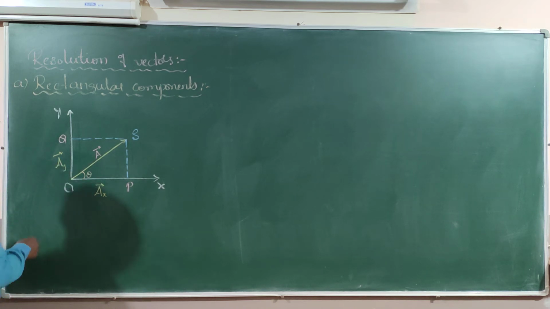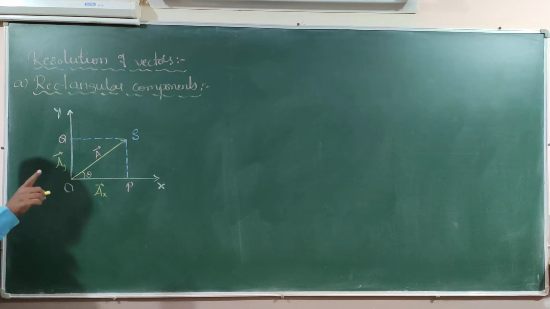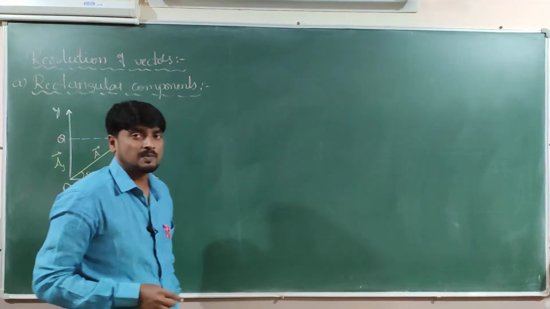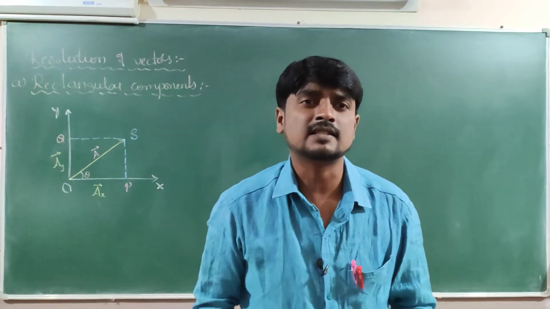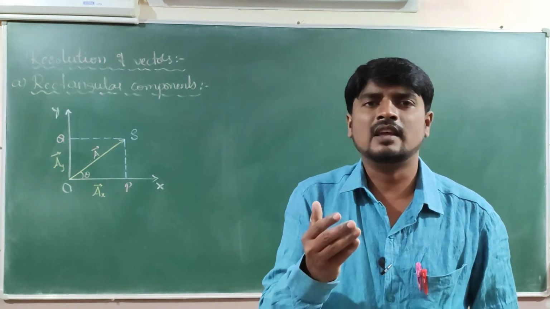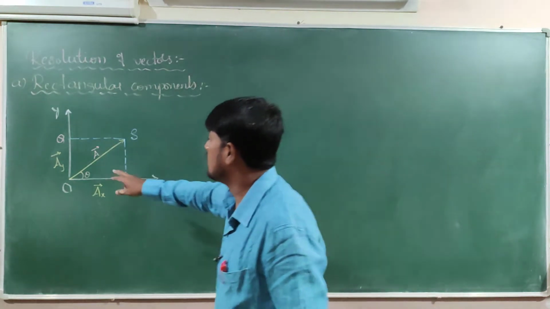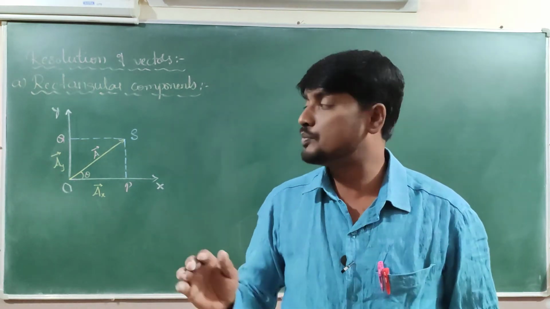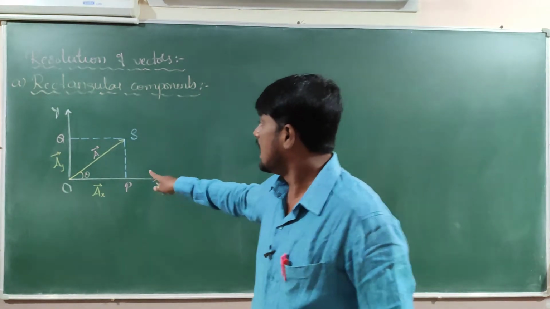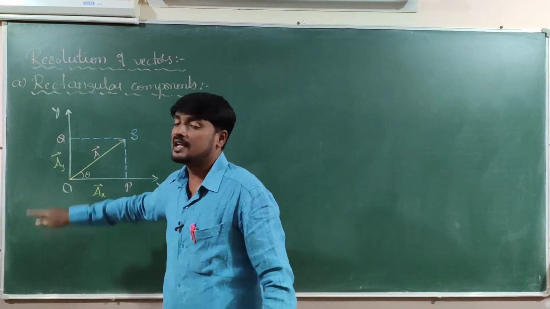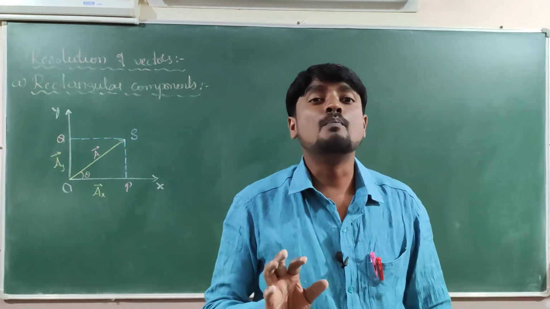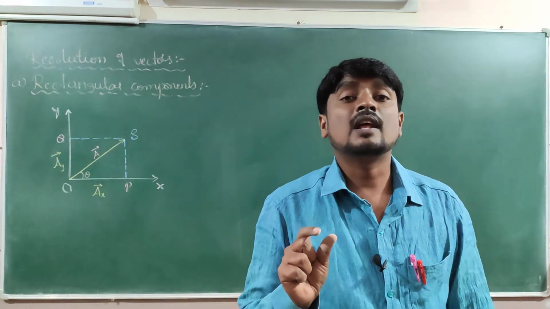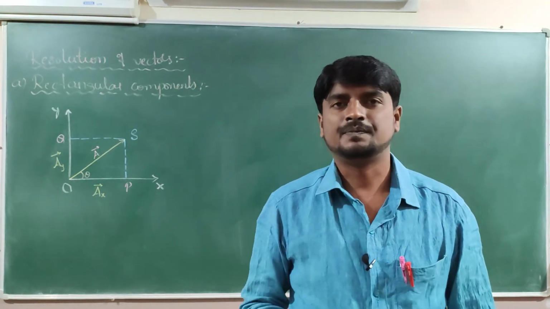Now after drawing this, two different methods are explained in the textbook to arrive at the magnitude of vector A with respect to its components. I repeat once again, AX and AY are called components of vector A.